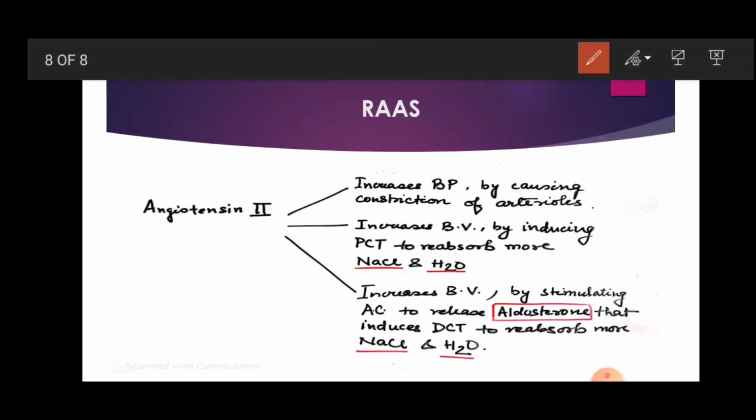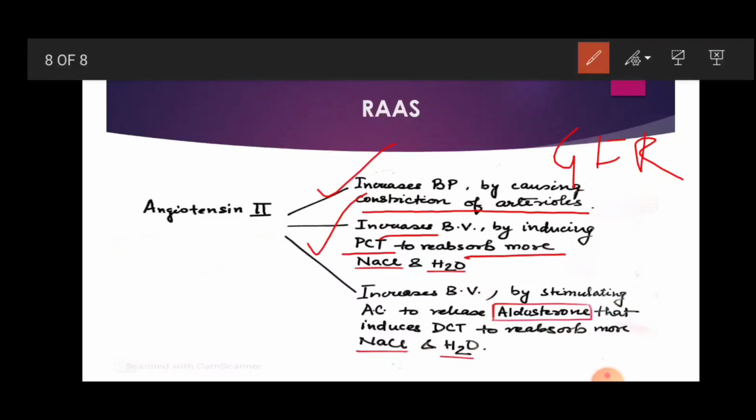Basically, angiotensin 2 increases the blood pressure by causing constriction of arterioles because it has to restore the GFR to normal. Then angiotensin 2 increases the blood volume by inducing the PCT to reabsorb more NaCl and water.